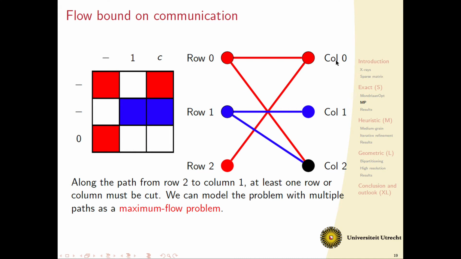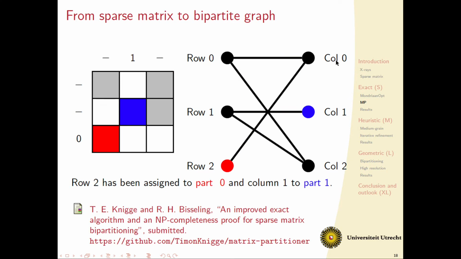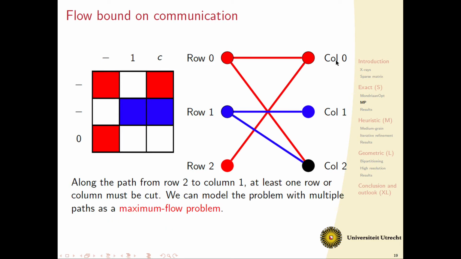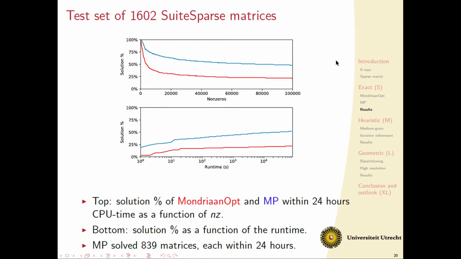We can translate this to a maximum flow problem, and that is being solved inside the partitioner called MP, very short name, Matrix Partitioner. It's on GitHub, so if you want to play around with it, you can try it. And this one managed to solve about a quarter of the matrices from the SuiteSparse collection. Obviously, they must be the smaller matrices. Here we gave 24 hours to each matrix and see how fast it could solve it.